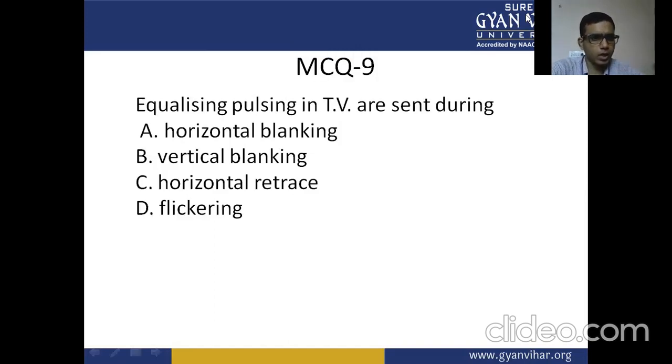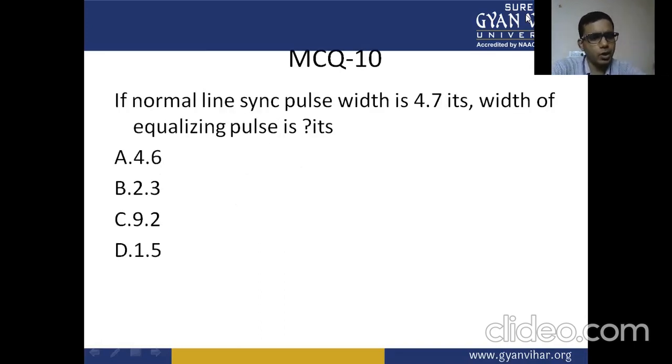Question number 9: the equalizing pulses in the TV are sent during A horizontal blanking, B vertical blanking, C horizontal retrace, D flickering. If a normal line sync pulse width is 4.7, the width of the equalizing pulse is A 4.6, B 2.3, C 9.2, D 1.5.